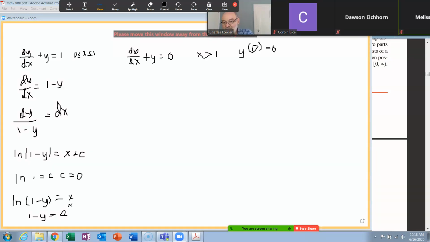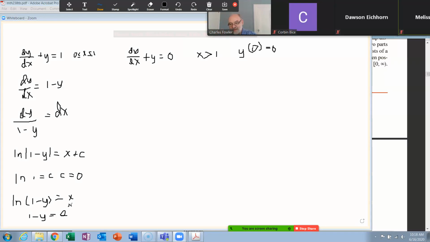That's where we start. That's our initial value. If we go all the way to the other end, x equal to 1, then e to the 1 is 2.7 and so on, and 1 minus y has to be 2.7 something. So y has to be positive.